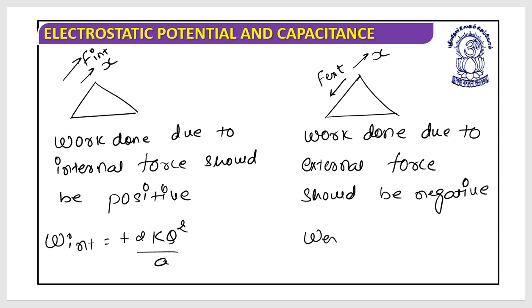So this external should look like minus 2kq square divided by a. This would be your answer. Yes, does it match? Is it?